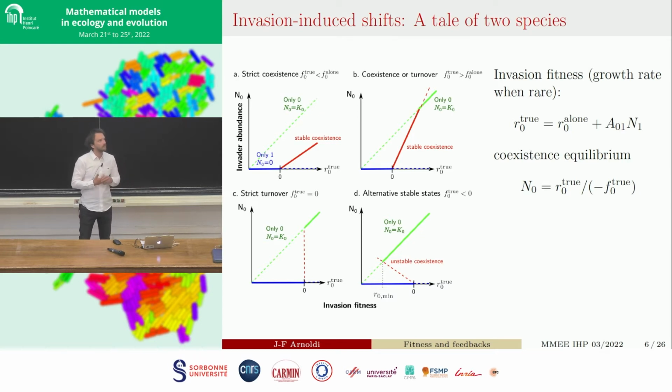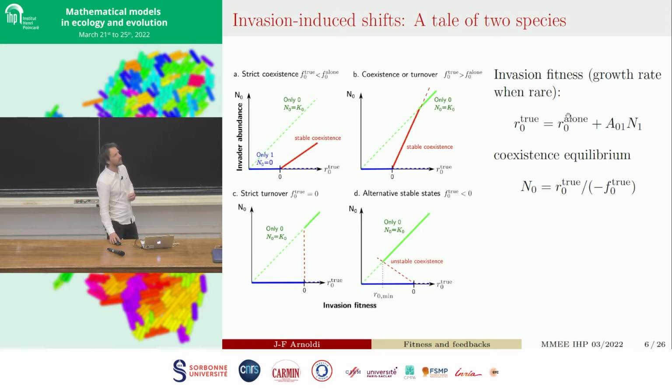To understand why there can be abrupt transitions, let's dial down the complexity and think of just two species, and the kind of scenarios of one species invading a resident, at least for these simple models.